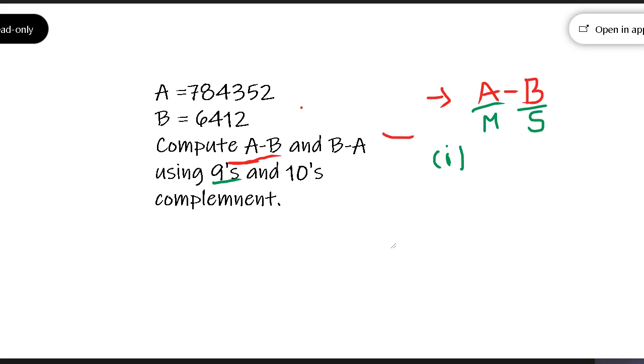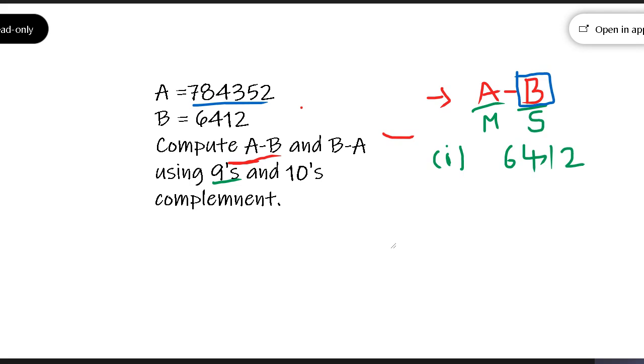Yeah. So first we know the value of B. B is 6, 4, 1, 2. Now we know this particular value subtrahend. First we have to make sure that it has the same number of digits as the A value.